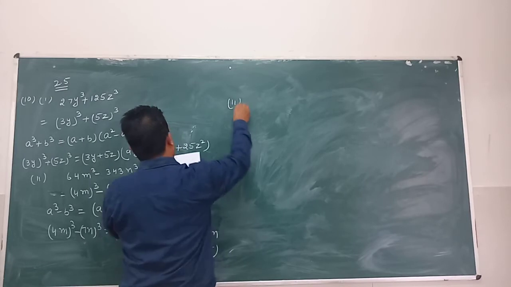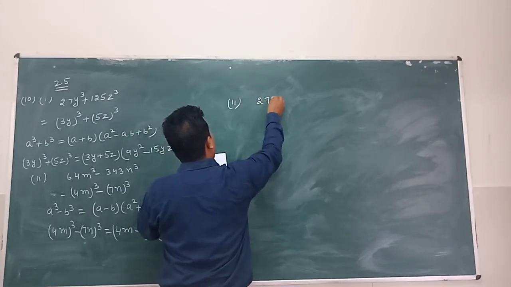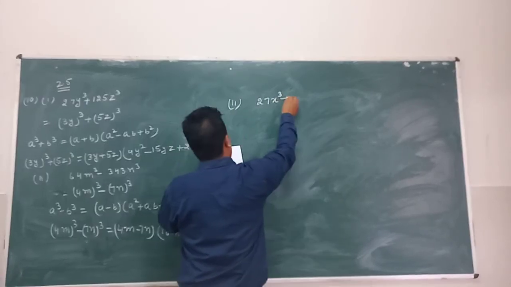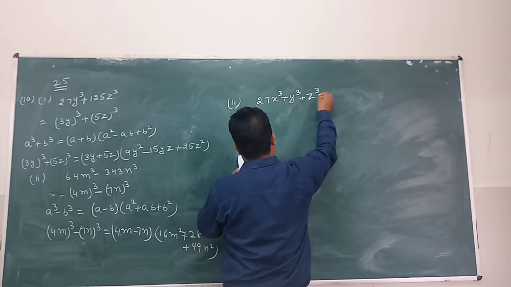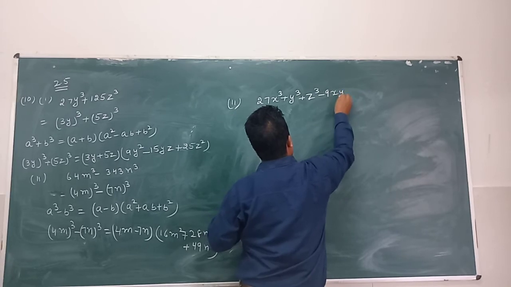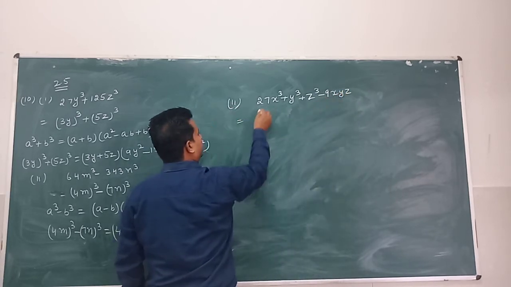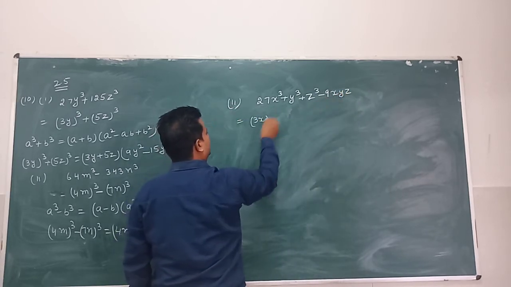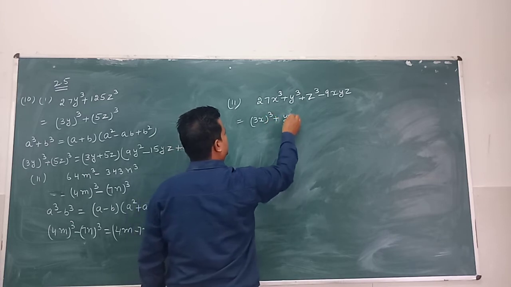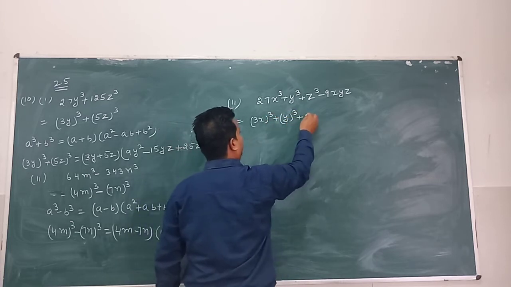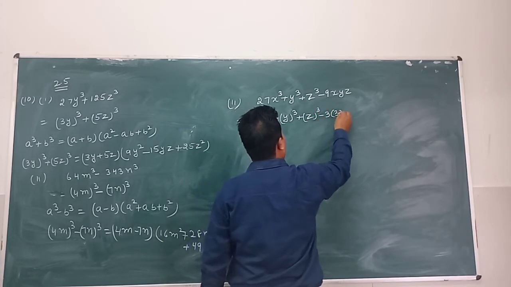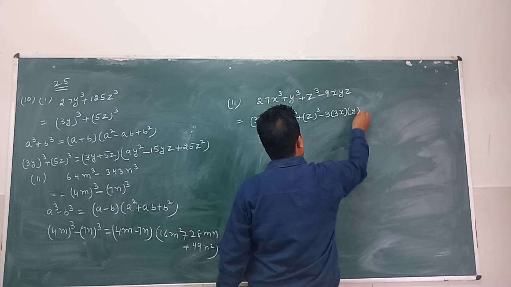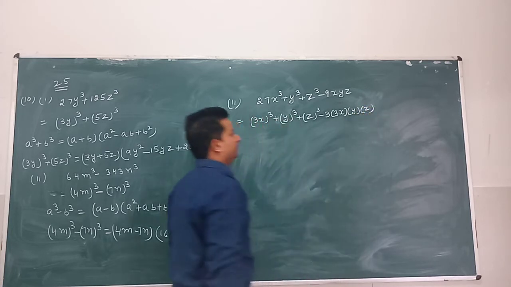In question number 11, factorize 27x cube plus y cube plus z cube minus 9xyz. We write it as (3x) whole cube plus y cube plus z cube minus 3 into 3x into y into z.